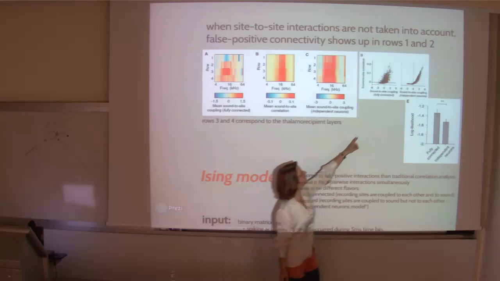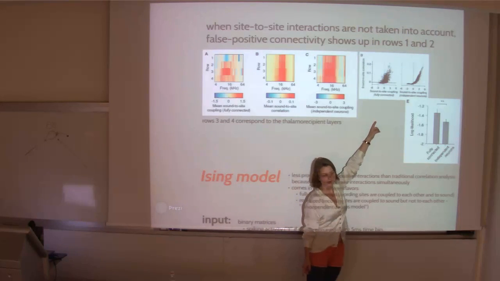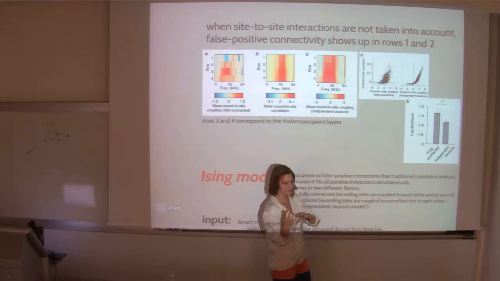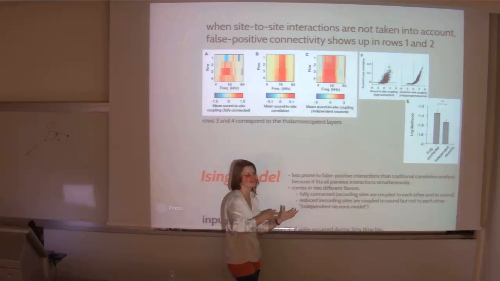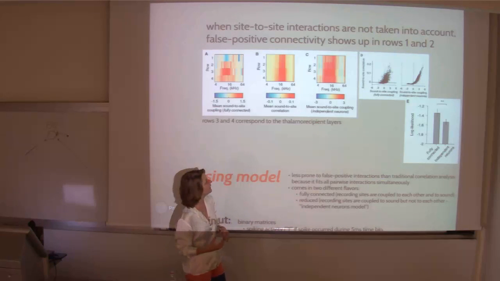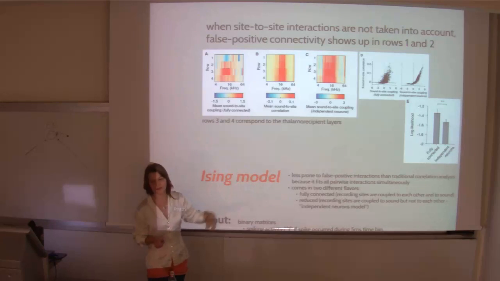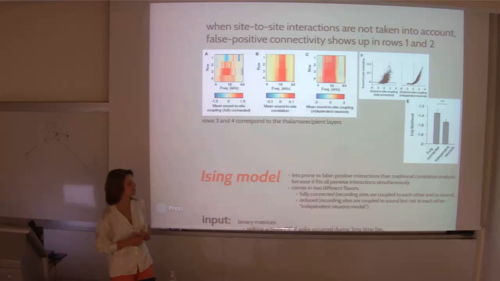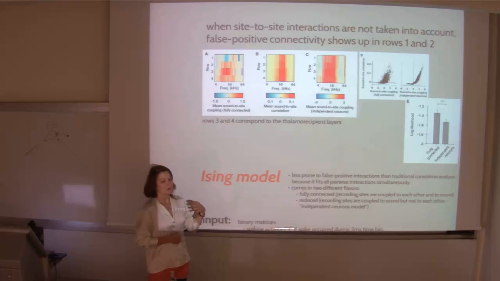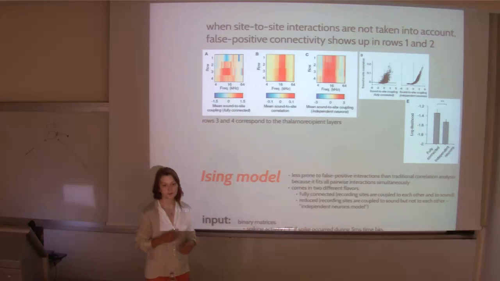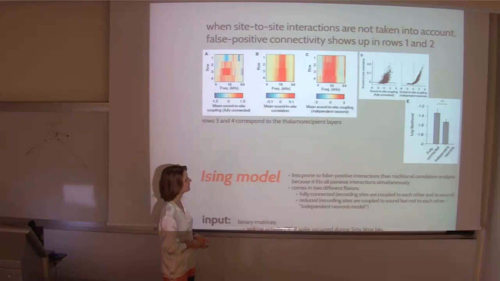As you can also see here, they correlated how well the correlation analysis correlates with the independent neurons model, and the correlation analysis with the fully connected model. And you see that the independent neurons model is actually really well correlated with correlation analysis. They're pretty similar. Whereas the fully connected Ising model really is less correlated. So it really does something different from the traditional correlation analysis.